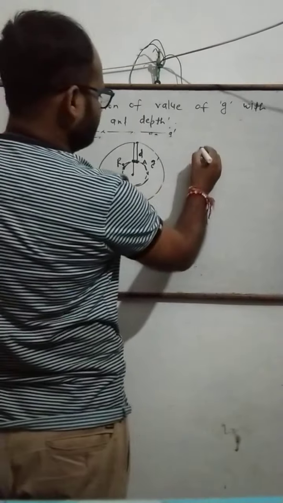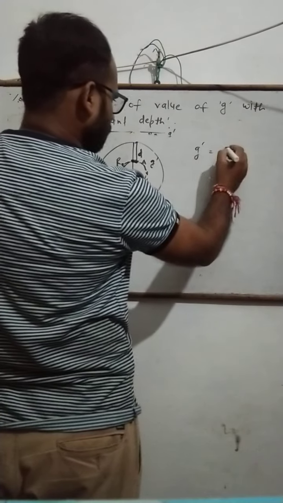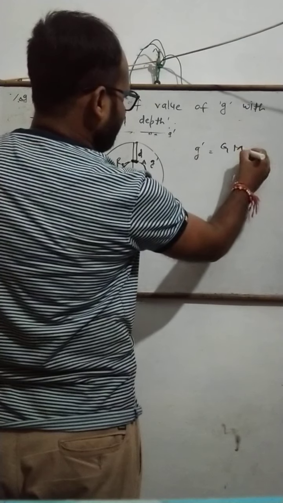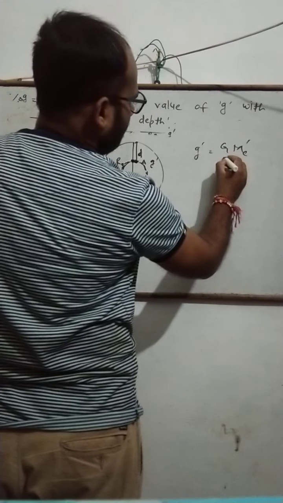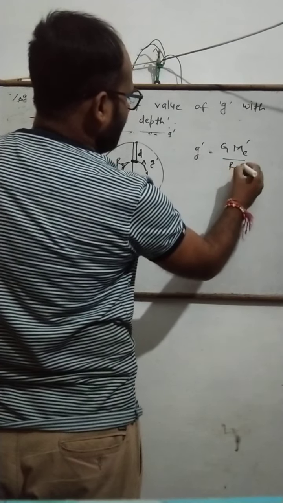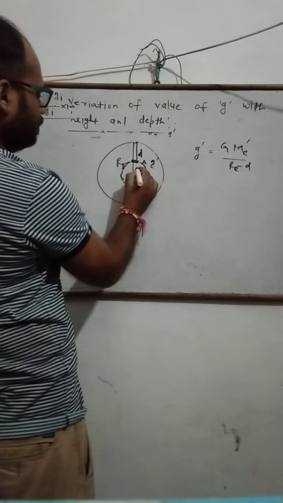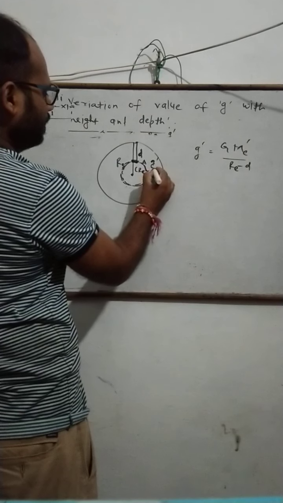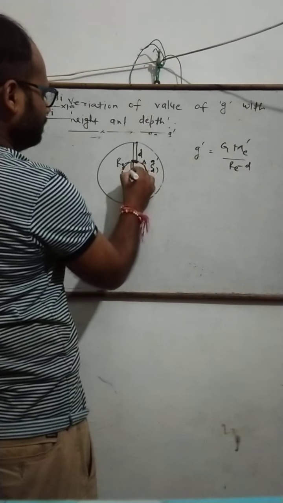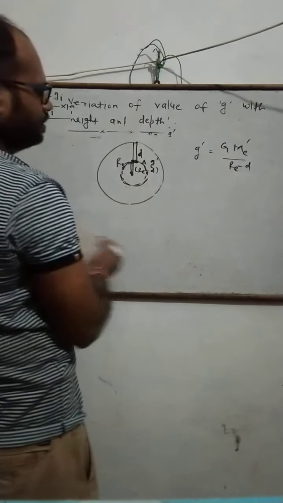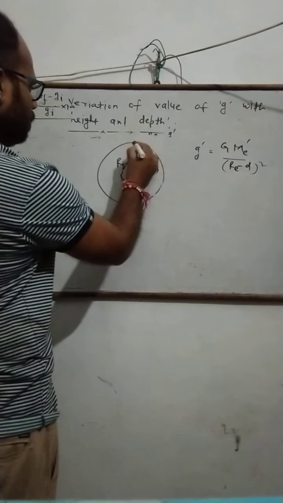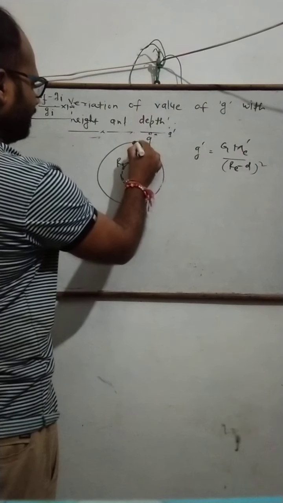So you can write here g dash equals G Me dash by (RE minus d) the whole square. What will be the distance from the center? This distance will be RE minus d. And what is the value of g at the surface of Earth?